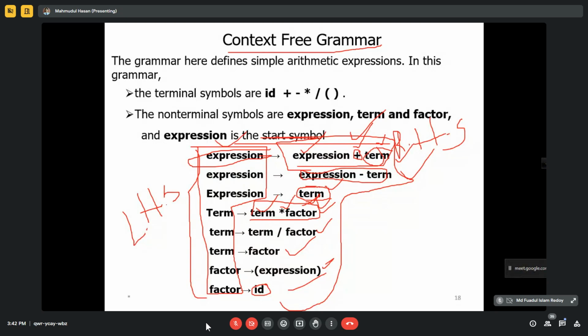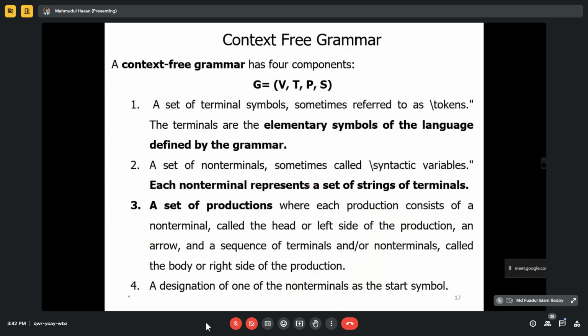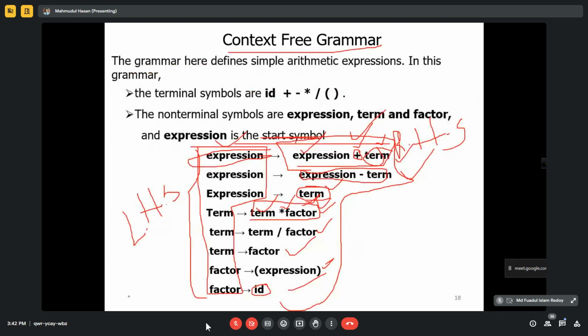No question. Okay. So you can represent a context-free grammar by 4 components, and this is the notation. B represents a set of non-terminals. In our previous grammar, the non-terminals are expression, term, factor.